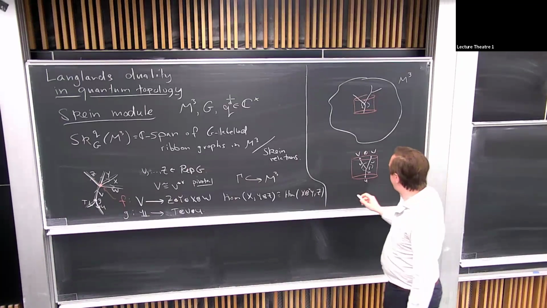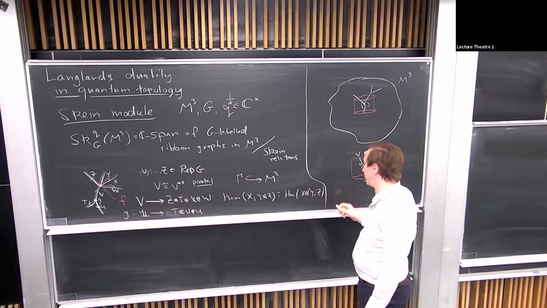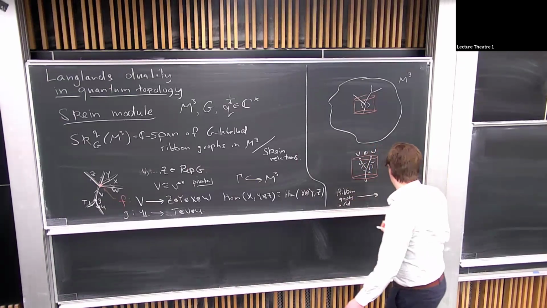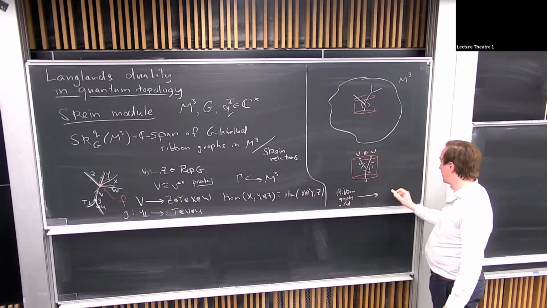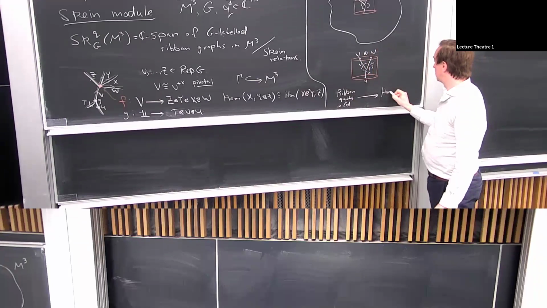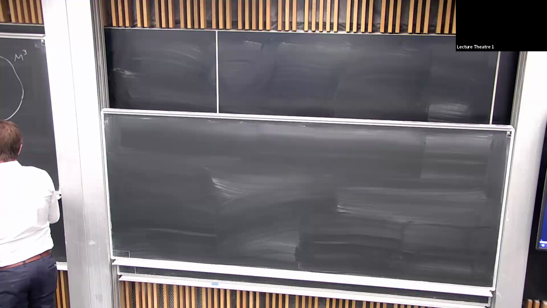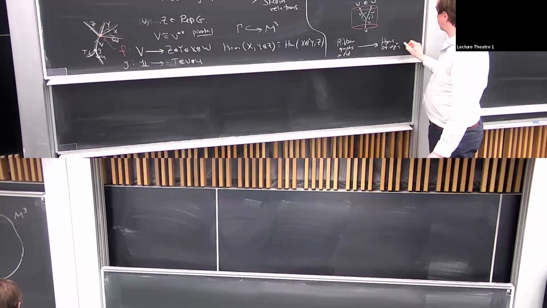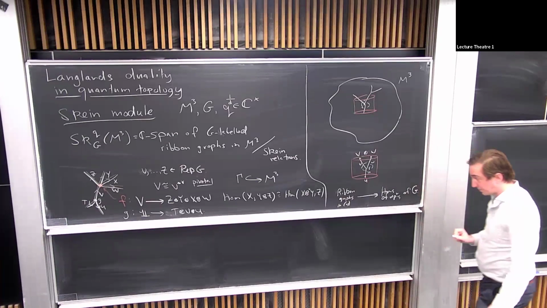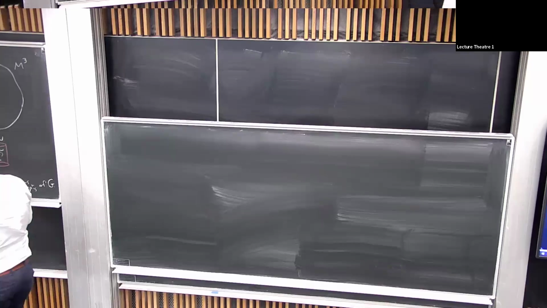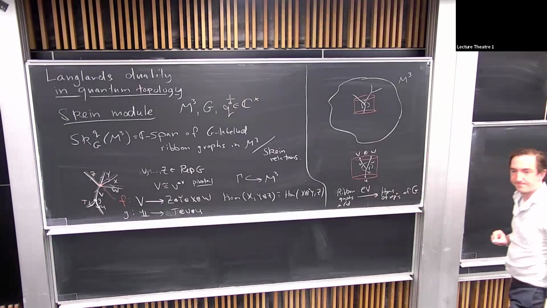So there's a map from ribbon graphs in the cylinder to just homs of representations of G. So this is called the Reshetikhin-Turaev evaluation map.